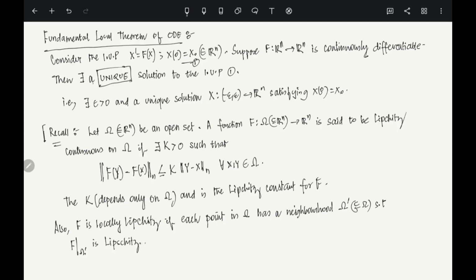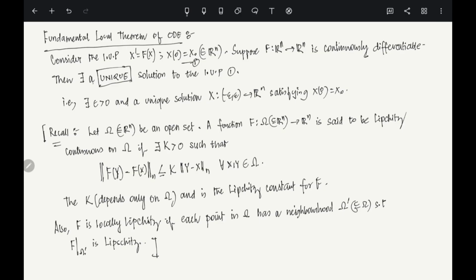Clear? Okay, and you do realize that in this case there is a Lipschitz constant, but that actually is going to vary according to omega prime. Yes, so we have already covered all of this in the first week, so I am not going to elaborate on this, but basically this is just to recall.